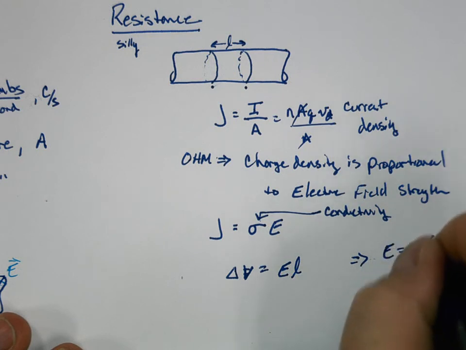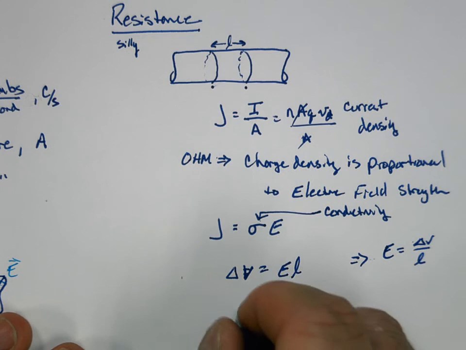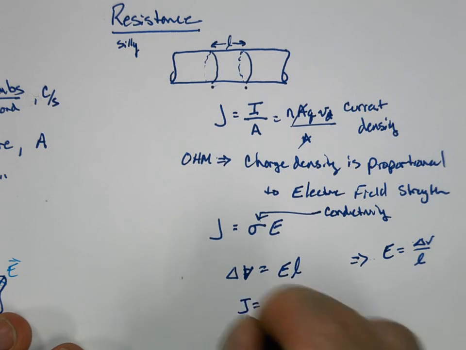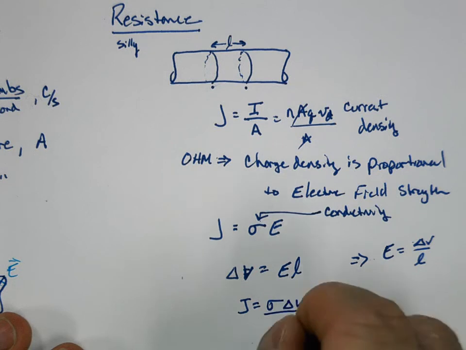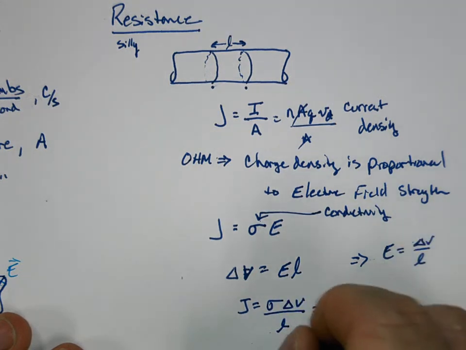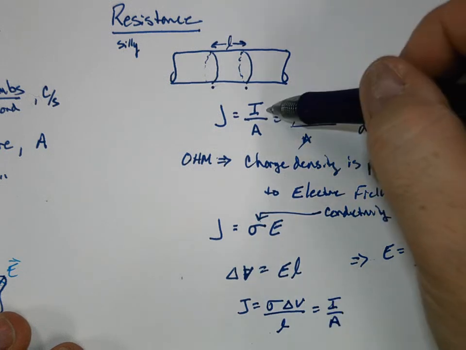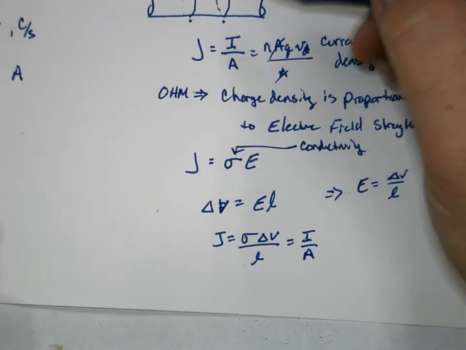All right, so we're going to take this and plug it in here, and we get J equals sigma delta V over L. And this equals this up here. You follow? This is just going to be a whole bunch of algebra manipulation here, so hang with me.